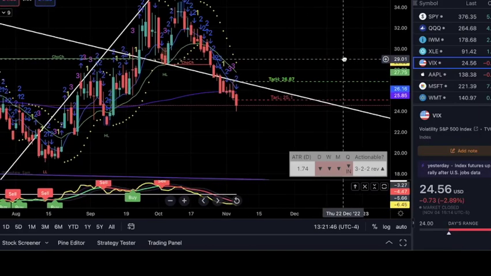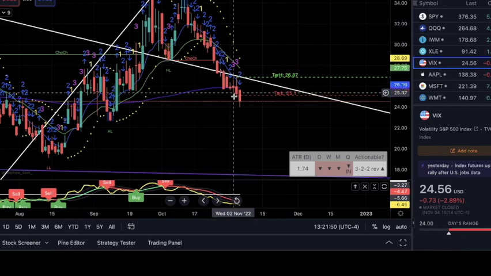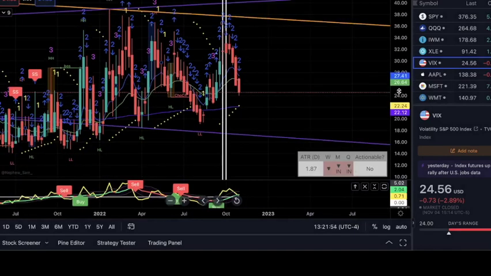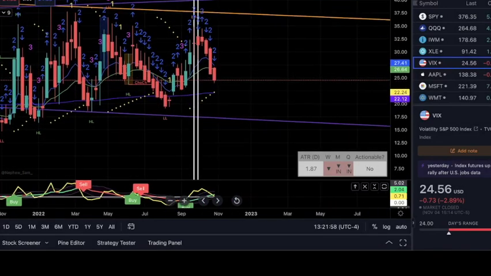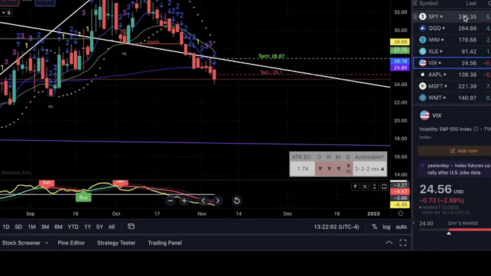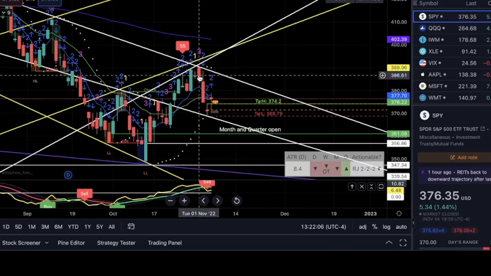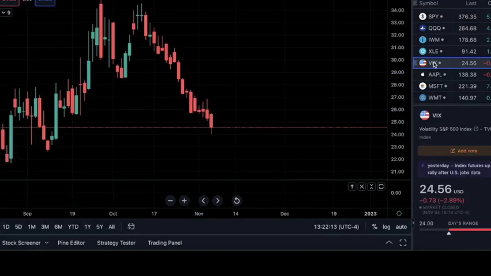So, I'm looking at VIX. I mean, wow. VIX has been going down a lot. Now, this is interesting. Wait a minute. Why was SPY red, but the VIX was also red?